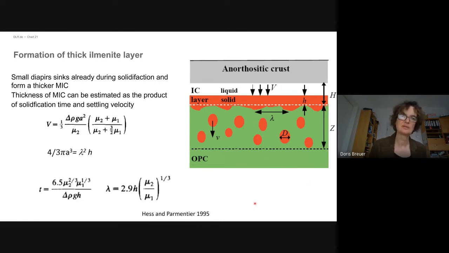You see here the equation of the Stokes velocity, and you can calculate the size of the diapirs that will be formed. That is the time scale of instability of this layer, and this is how to calculate the wavelengths, basically the size of the diapirs.